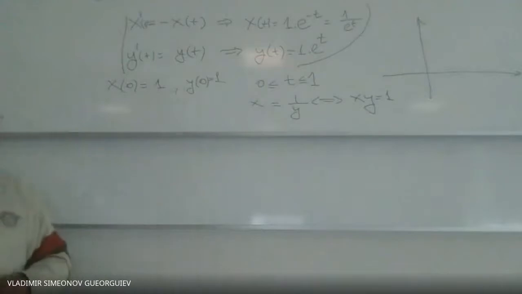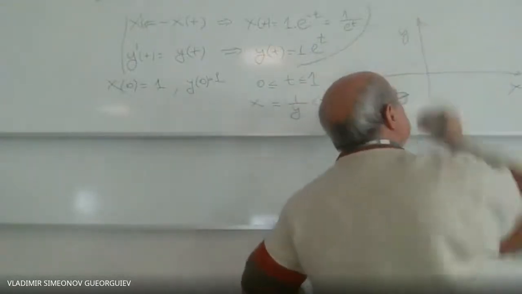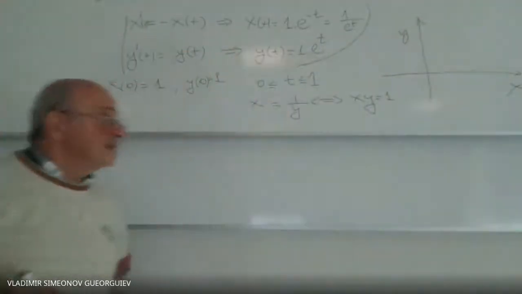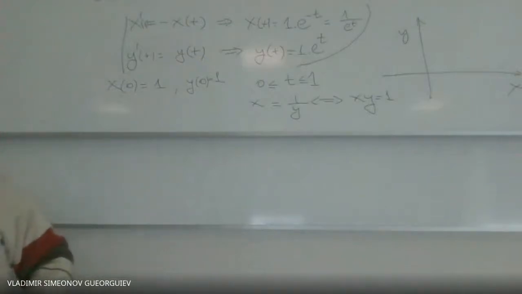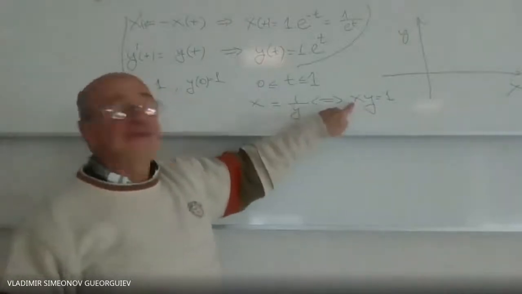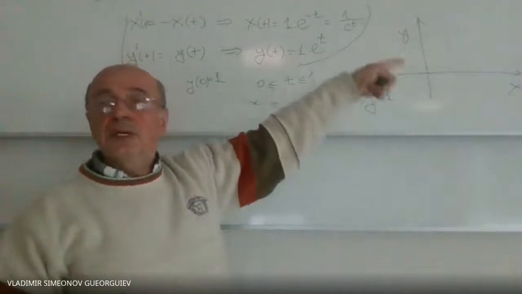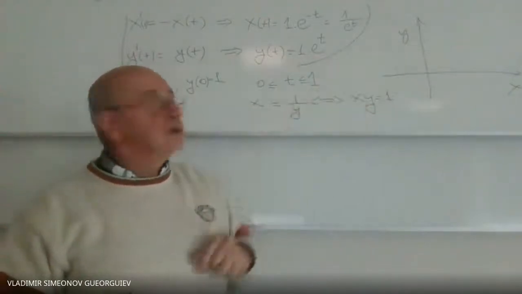And now, probably the simplest solution is to take x epsilon, and we can interpret our curve as graphic of the function epsilon as function of x, because usually you build a graphic knowing your function.